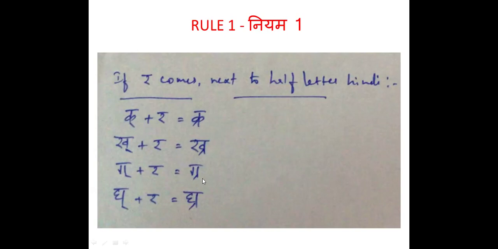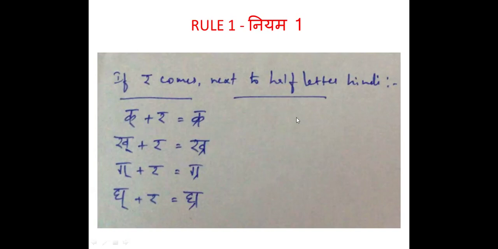This is also gra. This format you have to write only for Ra, only if it comes next to a half letter. Okay, this is one rule.